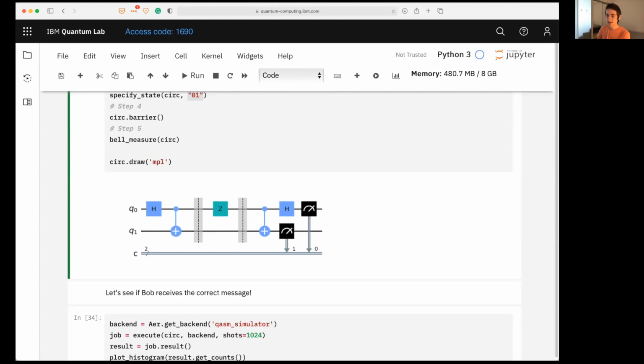Okay, so somebody says, so the entangled state is like a secured pipeline for sending a message. Do I understand it correctly? That's a great question. Off the top of my head, I believe you're right that this is a secure channel. I'm not sure though. I haven't actually checked that. What we mean here by a secured channel is starting to dip our toes into cryptography a little bit.